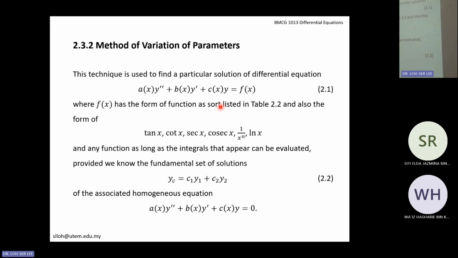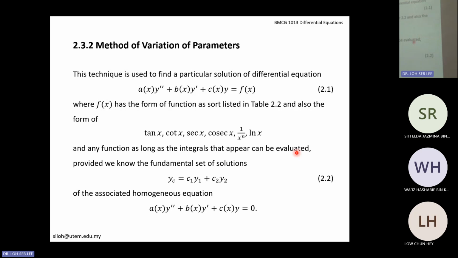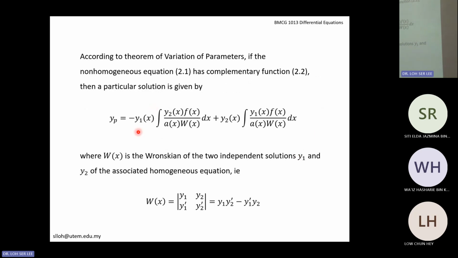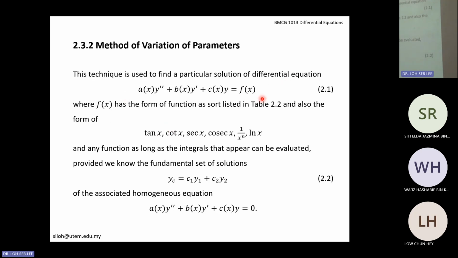The only criterion is that the integrals that appear can be evaluated, because later on you will use this formula to get your yp. If the integral can be integrated, then we can solve that question using variation of parameters.